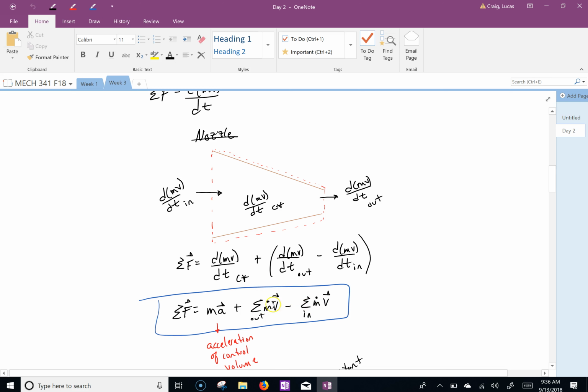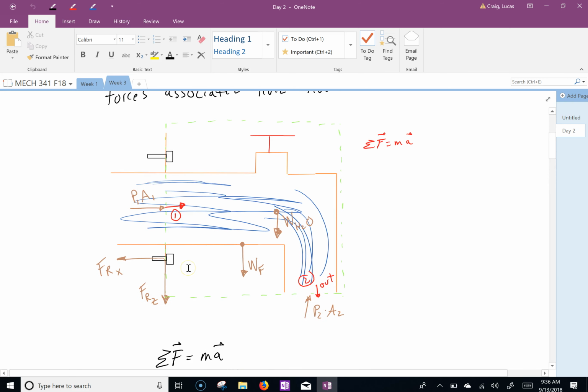These other two terms are really the forces generated by the fluid coming in and going out. So up here in this spigot, we labeled all the forces: pressure, weights, pressure. Then we labeled what's coming in and what goes out of the fluid. And those are the two forces that we have to include.